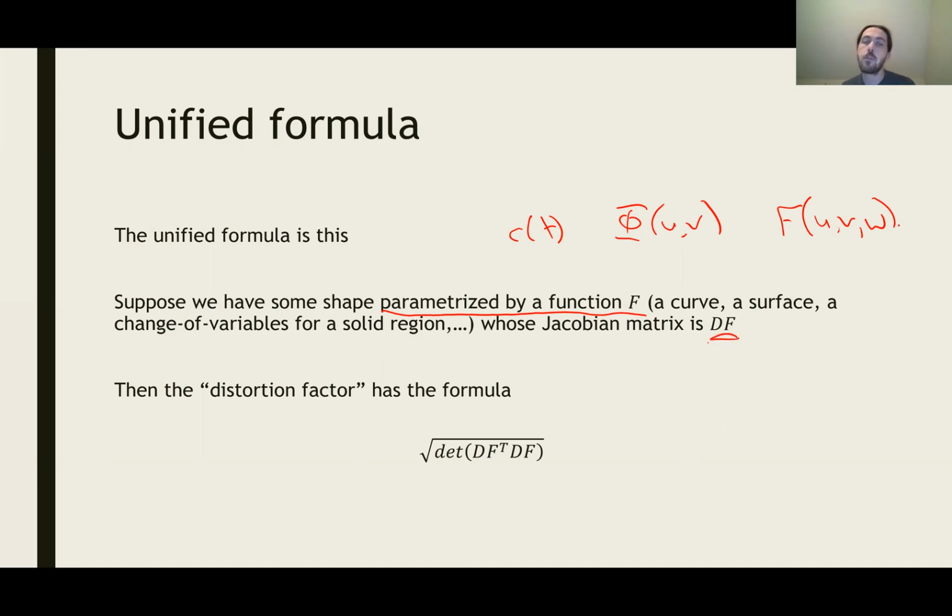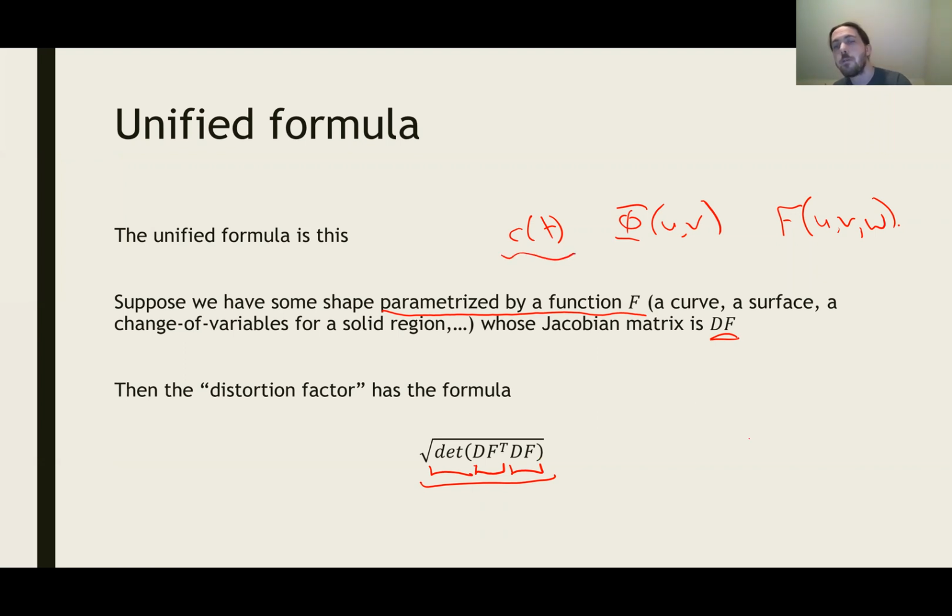Now, df is probably not a square matrix, but here's what we do. We take df transpose, where we flip this matrix across its diagonal. We multiply it by df in this order. That result is now going to be square. We take its determinant, and then we take the square root. That is a unified formula that always gives us the correct distortion factor.